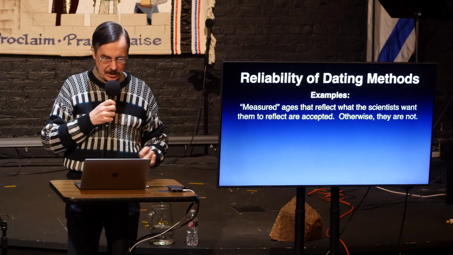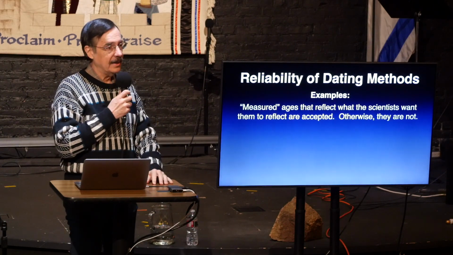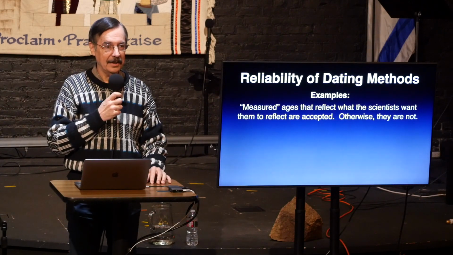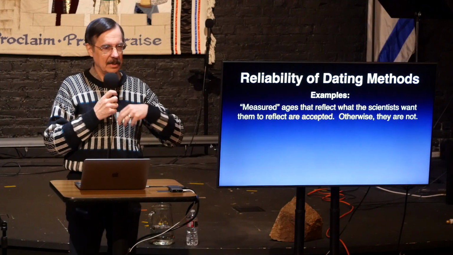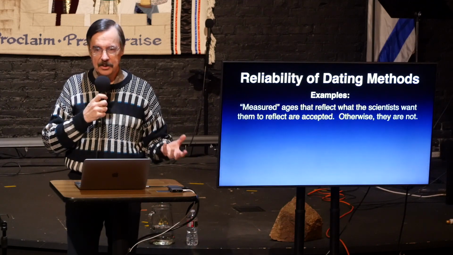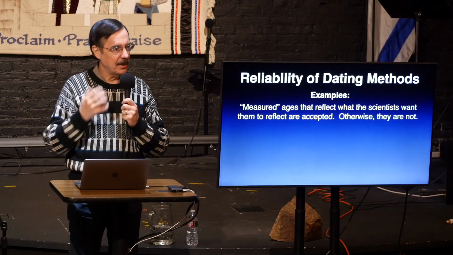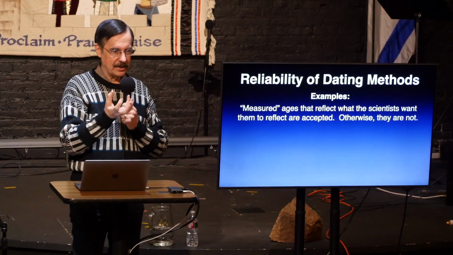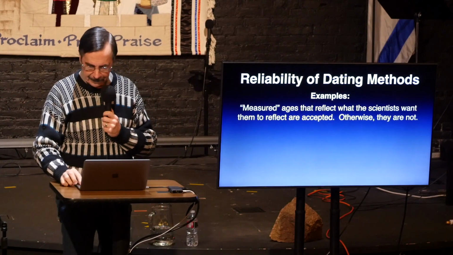So measured ages that reflect what the scientists want them to reflect are accepted. When they do tests and they get an answer they don't like, they just ignore it or say it was compromised, it was diluted, it was corrupted, the sample size was off, something went wrong with the process or the sample, because we can't have an answer that young, because we all know deep time is a real thing.